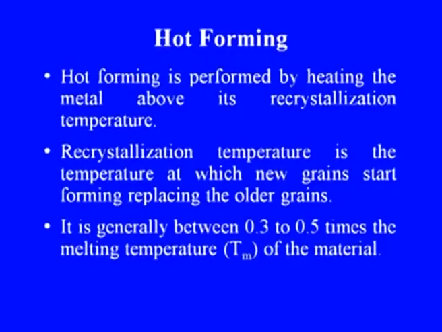The recrystallization temperature is the temperature at which new grains start forming, replacing the older grains. It is generally between 0.3 to 0.5 times the melting temperature of any material.